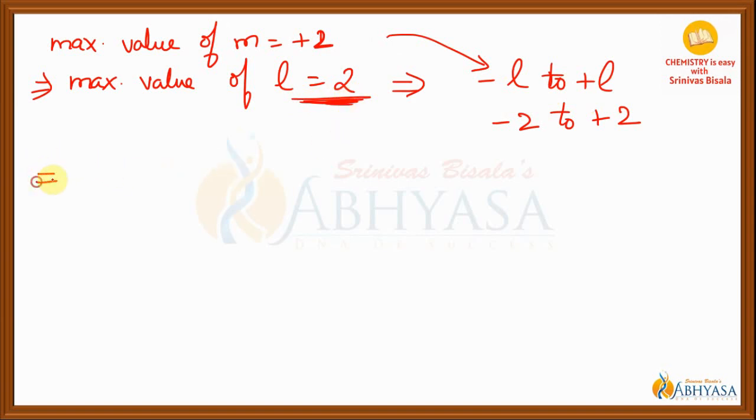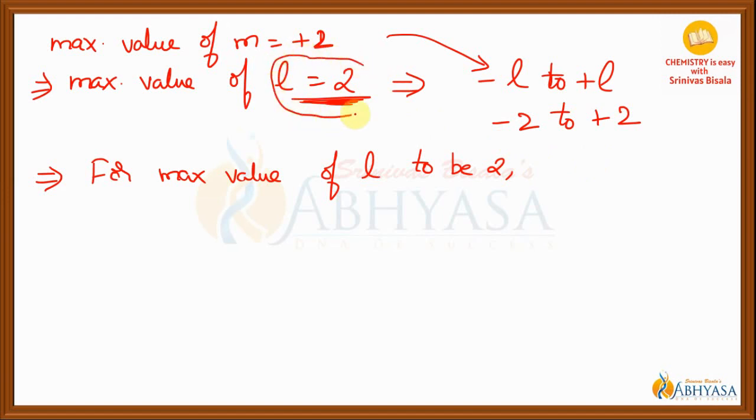Then let's find out the n value. For maximum value of l to be 2, what should be the maximum value of n? We already got that the maximum value of l is equal to 2. So now we need to find out the maximum value of principal quantum number.